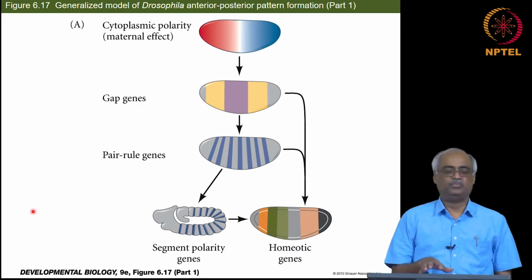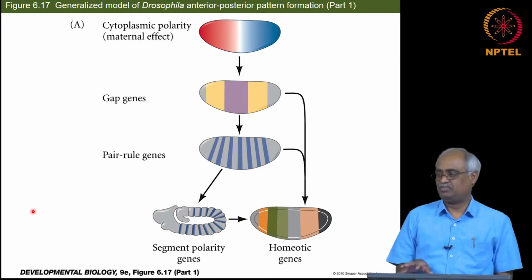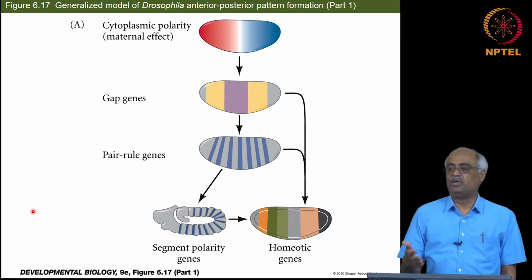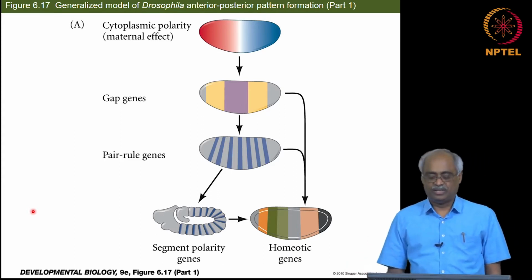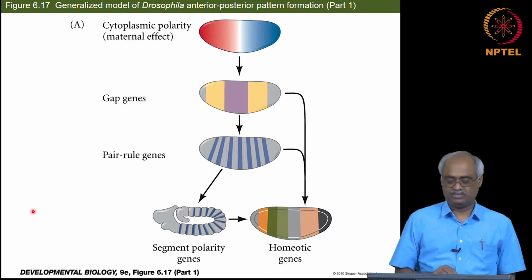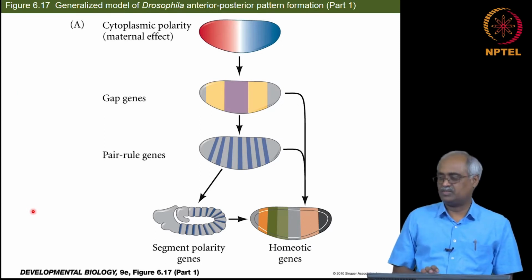Then only are you going to make multiple tissue types and at the right places, therefore the organs form at the right places. So, you need to enlarge this asymmetry into many more molecules. How that plays out has been best understood in Drosophila embryogenesis, and that is why we are focusing so much attention on it.